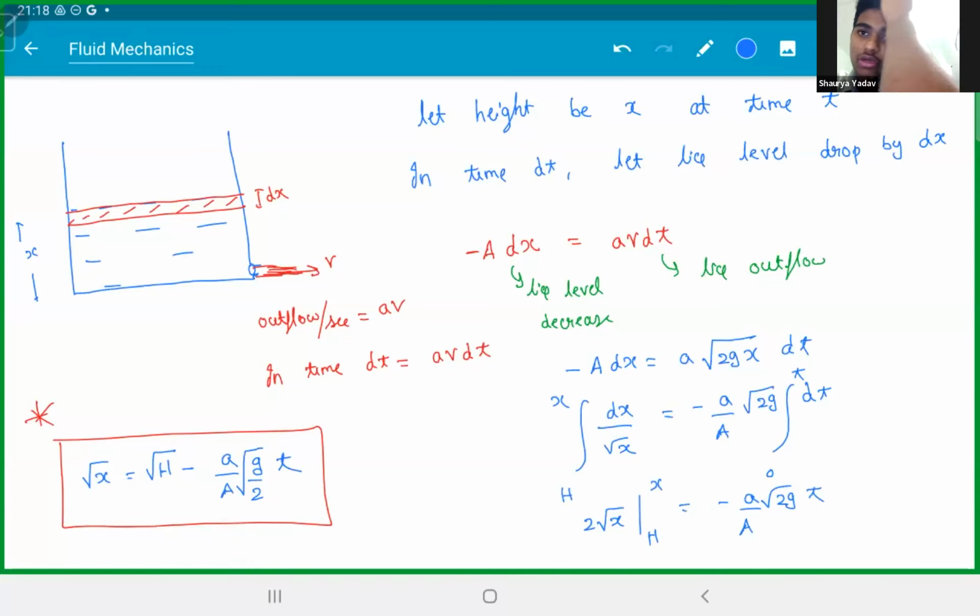x equal to h, x is equal to 0, right? Do check it out.